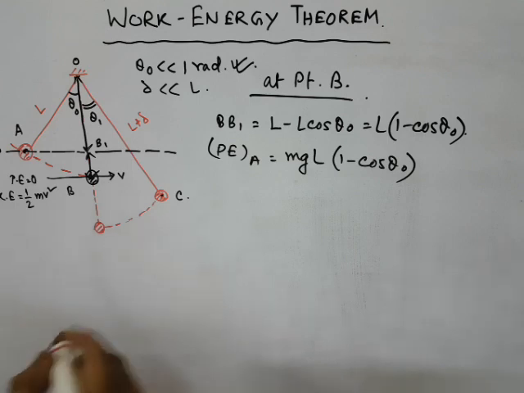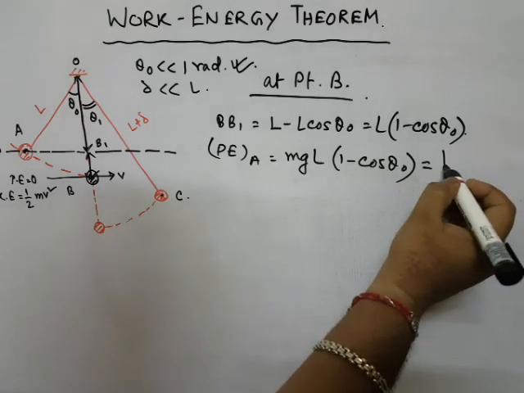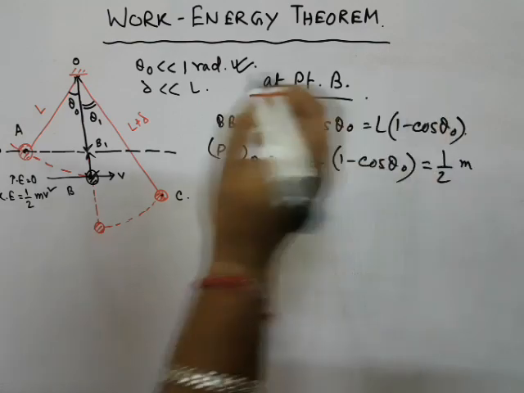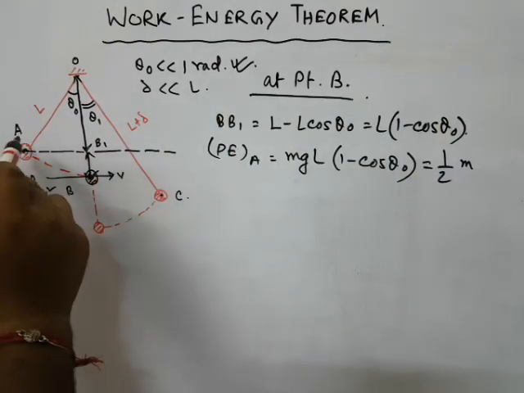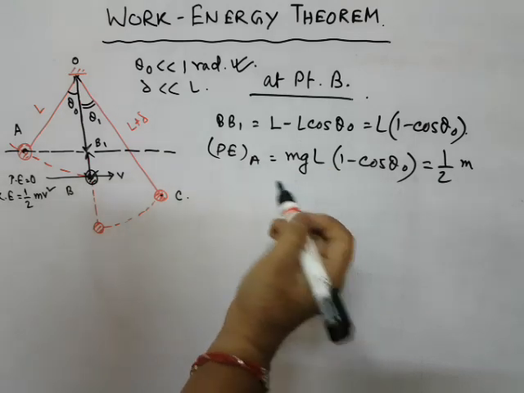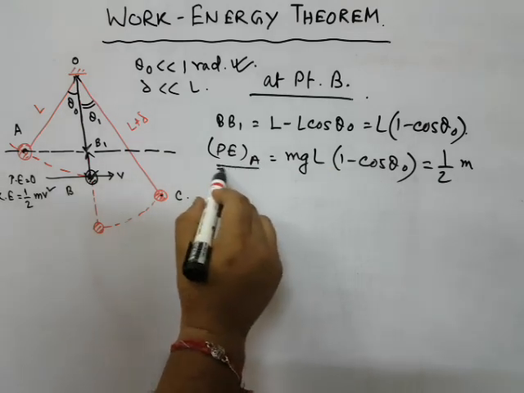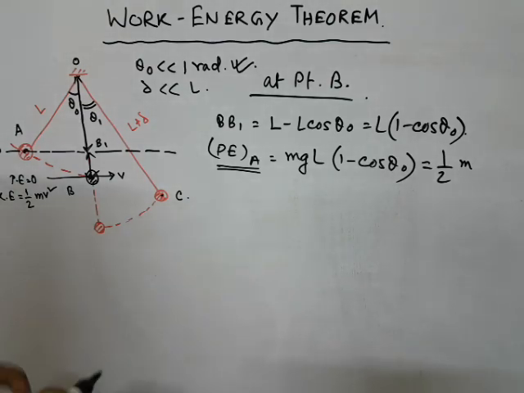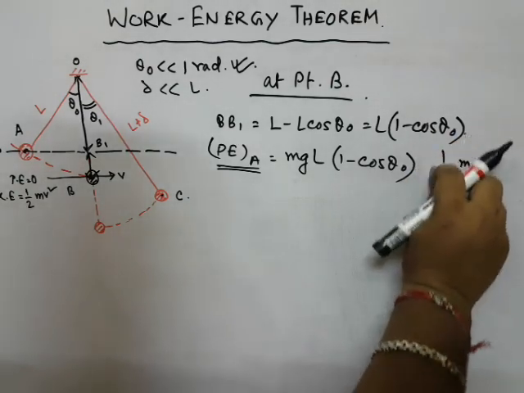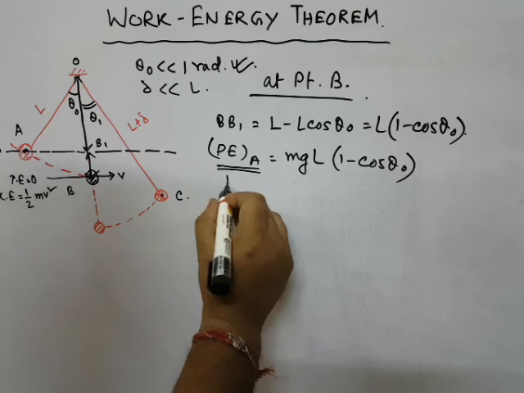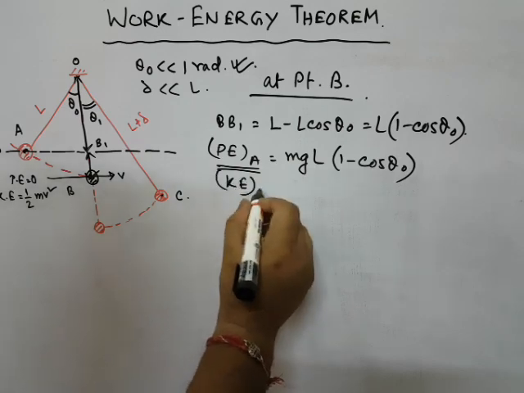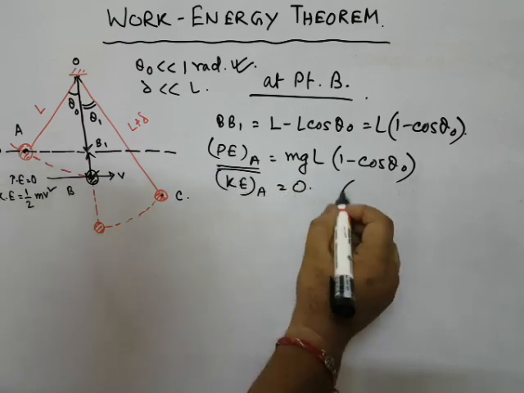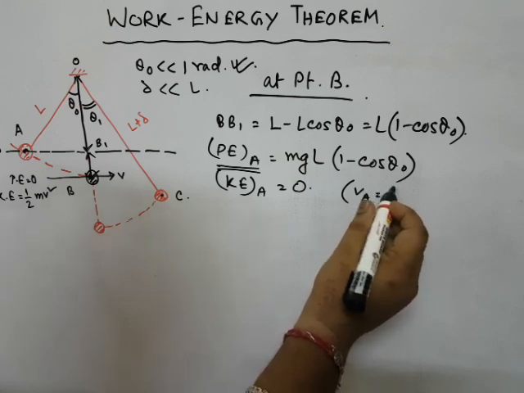If we consider energy conservation here, the potential energy at A plus kinetic energy at A equals the total energy at B. Potential energy at A is equal to mgL into 1 minus cos theta naught. Kinetic energy at A is 0 because v at A is 0.